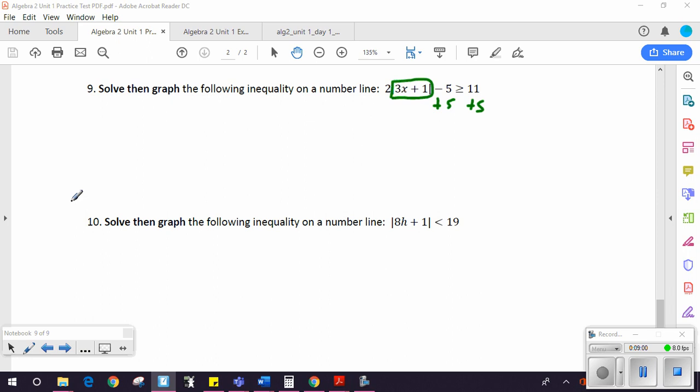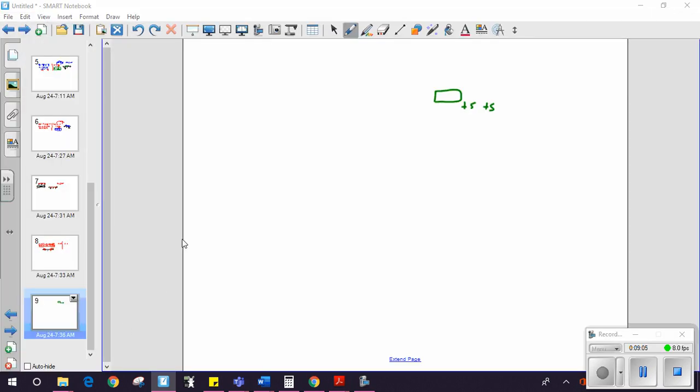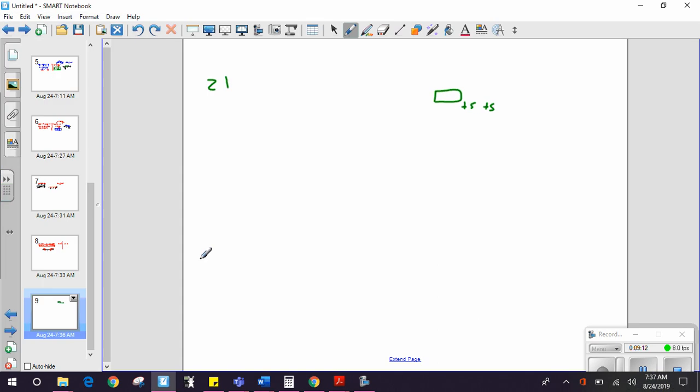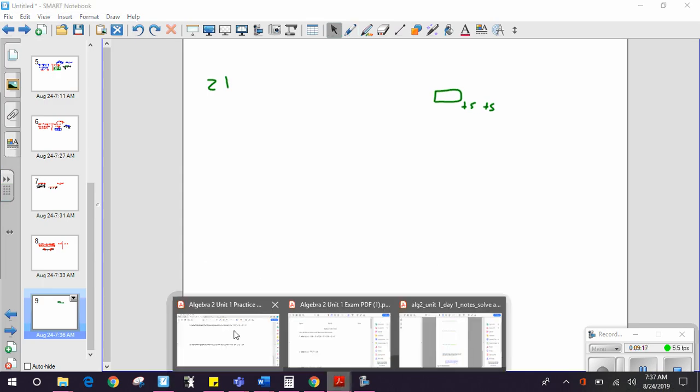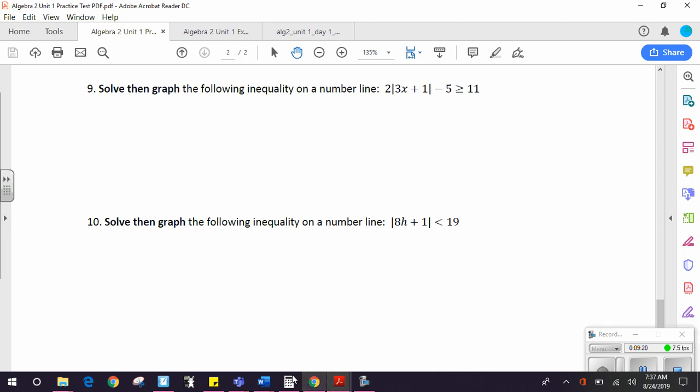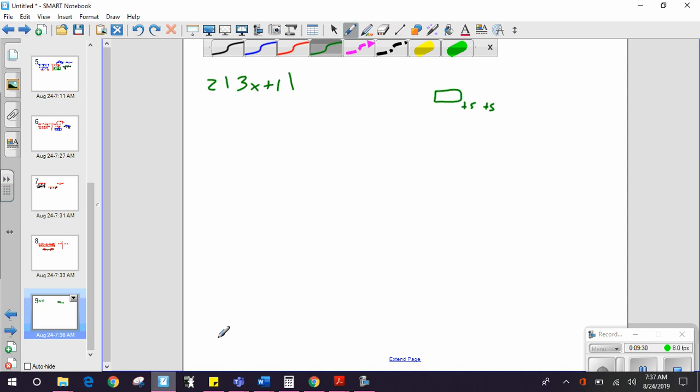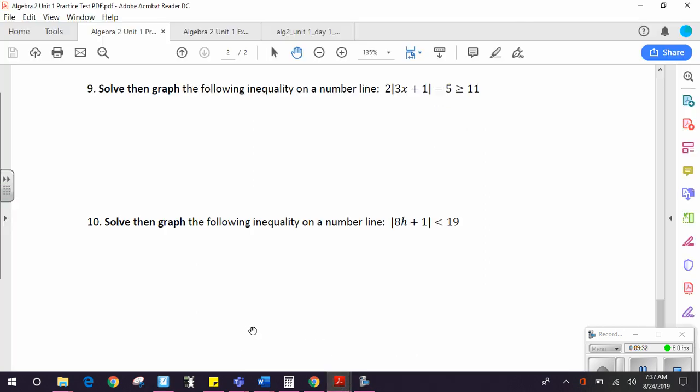So the first thing I would do in this scenario is add 5 to both sides. That would leave me with, let me change screens for more space, 2 times the absolute value of 3x plus 1 is greater than or equal to 11.